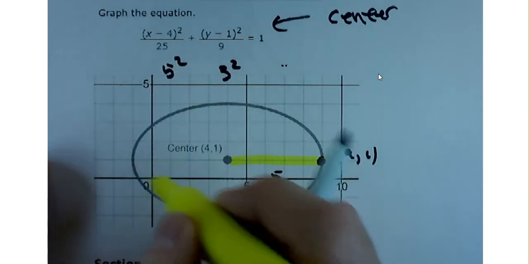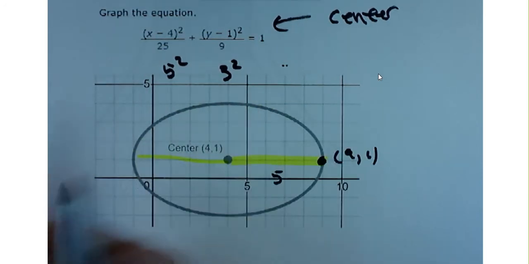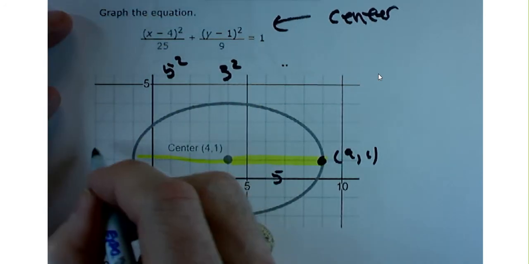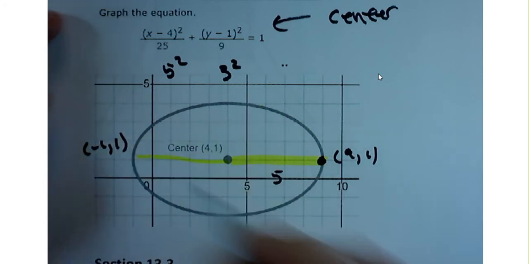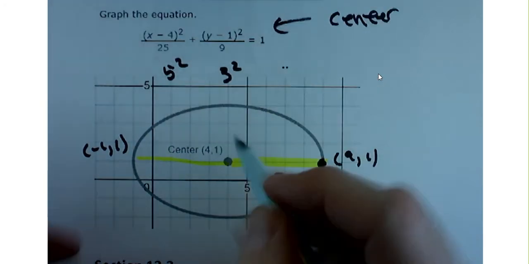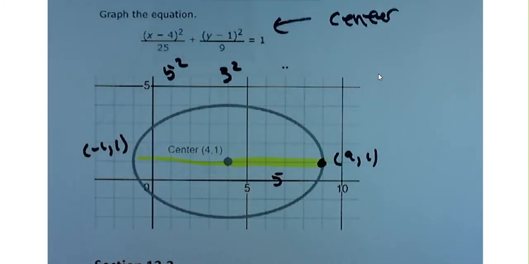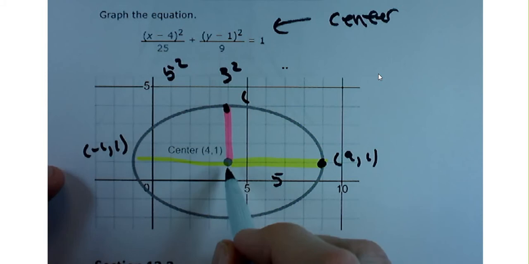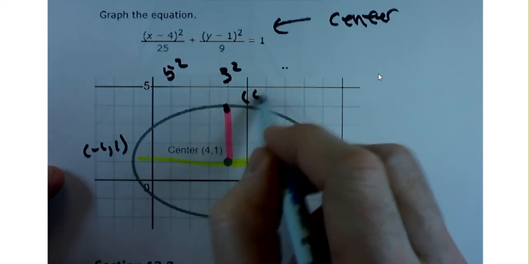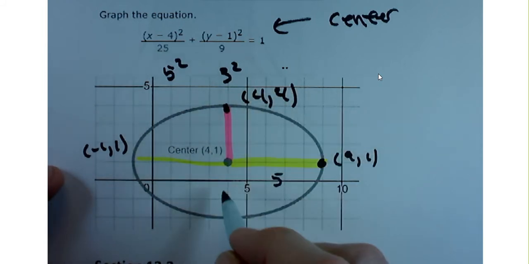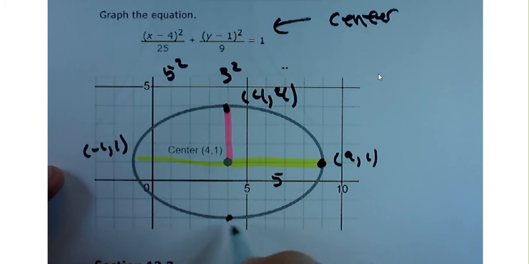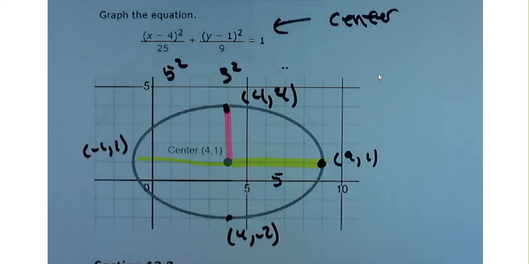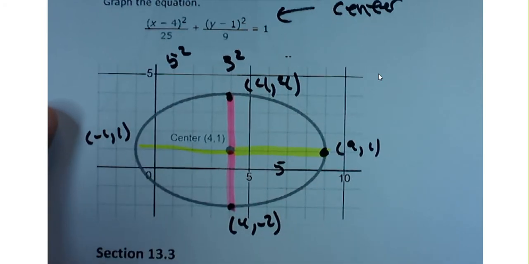If I move 5 to the left, that's going to put me at the point -1 and 1. How far do I have to move in the y direction? 3. So up 3 and down 3. That's going to put me at the point, well, let's see, I'm adding 3 to the y coordinate, so the x coordinate stays the same. 4, 4, and then down 3 here would be 4 and -2. And that's it. That's all there is to graphing that one.